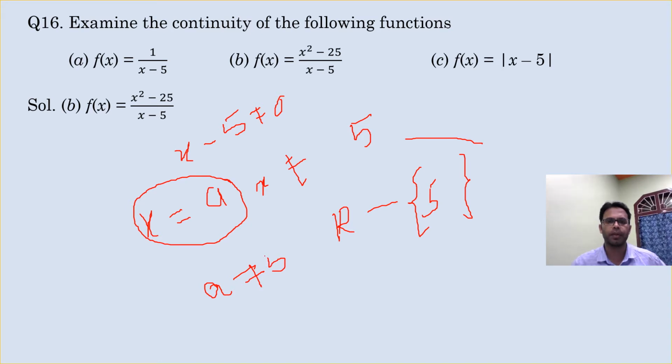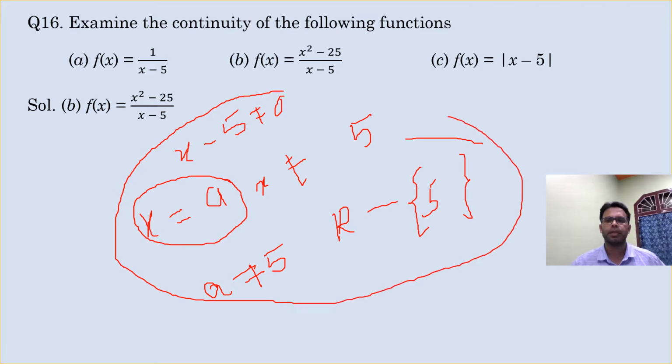To check whether the function is continuous or discontinuous in the domain, you take an arbitrary point x = a in the domain, and obviously a is not equal to 5, because the point 5 is not present in the domain. So at that point we will check whether the function is continuous or discontinuous.